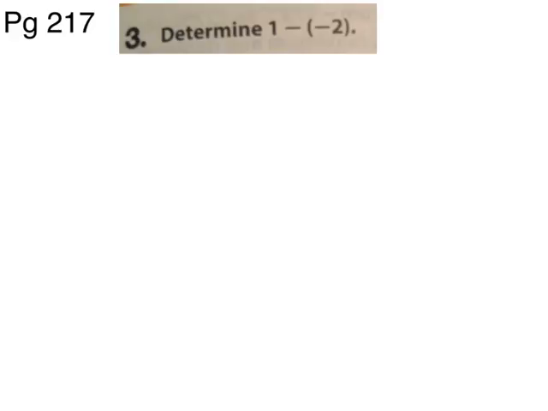In the last video, it described subtracting a negative as being the same thing as adding. We can rewrite problem number 3. Instead of saying 1 take away a negative 2, this would be 1 plus 2, which equals 3.